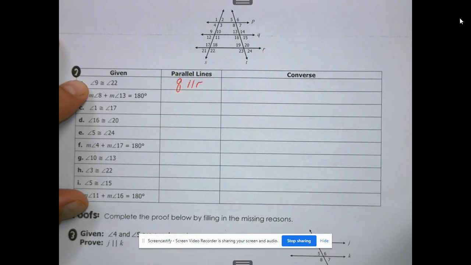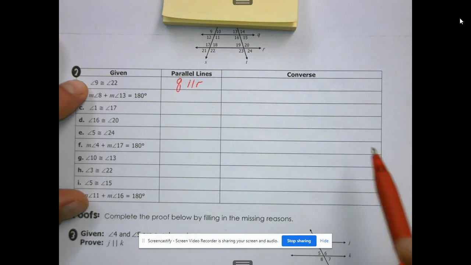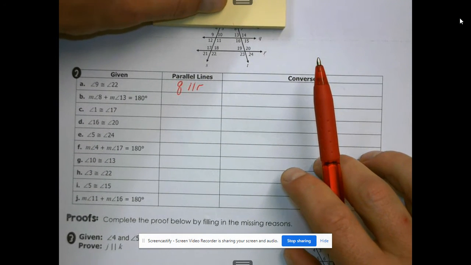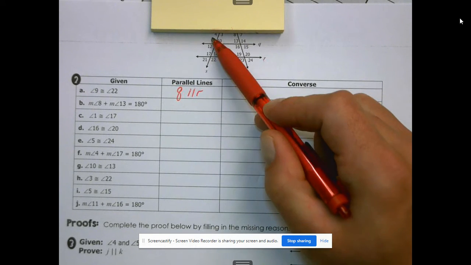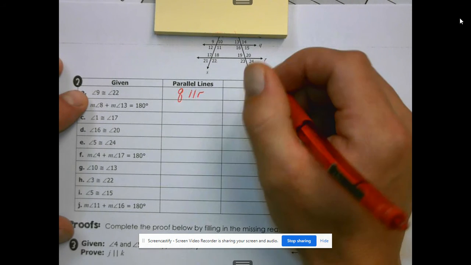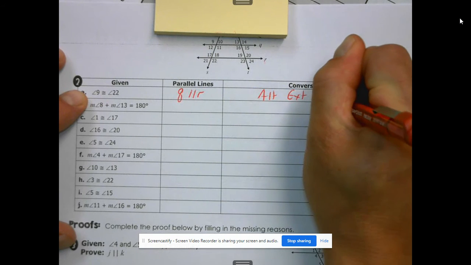So in this case, I don't need this top line right there. If I just use my sticky notes again and cover up that top piece, I can kind of see why 9 and 22 are alternate exterior angles.